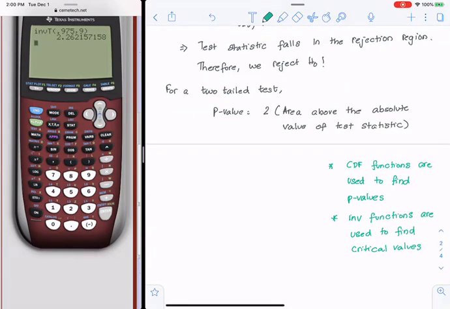If you want to find a p-value, then we're going to make use of CDF functions in the calculator. If you want to find the critical value, we use inverse functions in the calculator. So we are looking for the area above the absolute value of the test statistic. So the absolute value of negative 2.67 is positive 2.67.